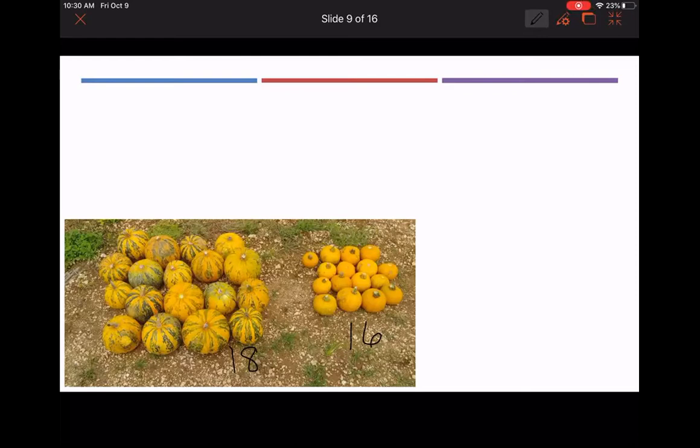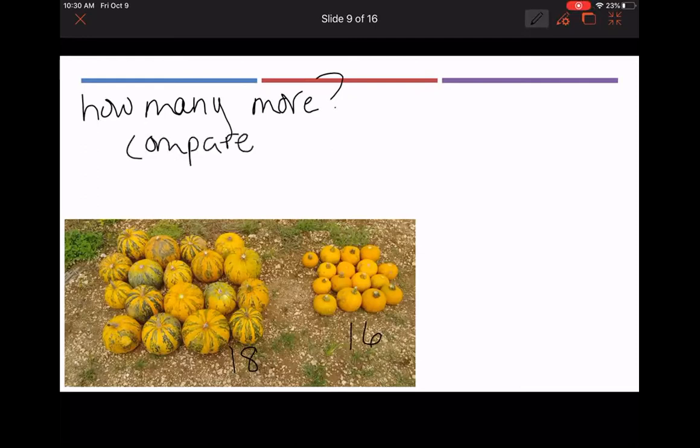And that's perfectly valid. But what if I want to know how many more? Now we want to compare these two sets, and that gives us this idea of 18 minus 16.